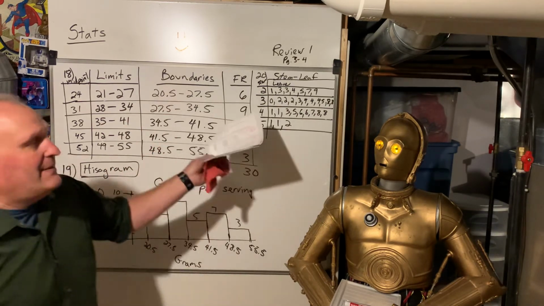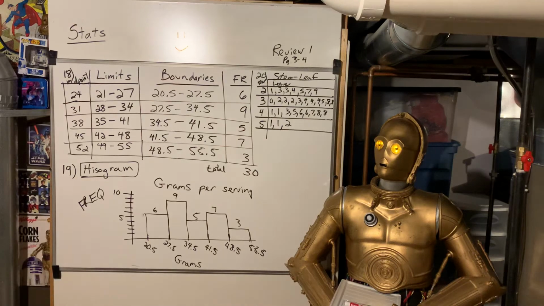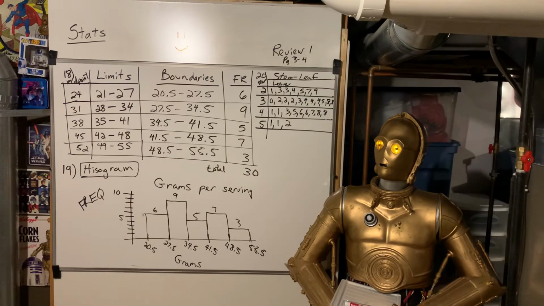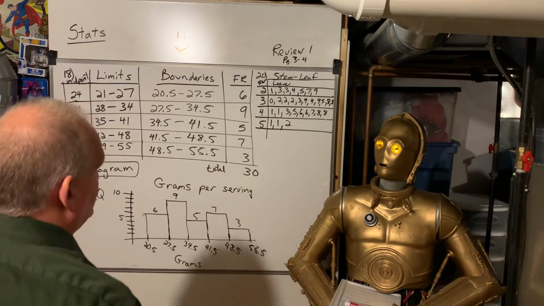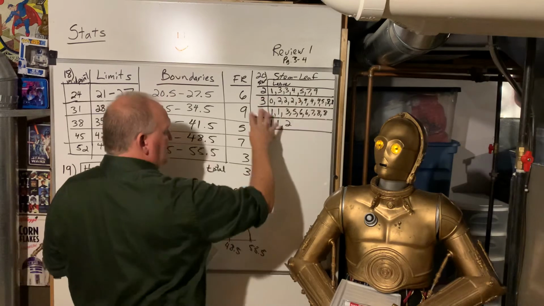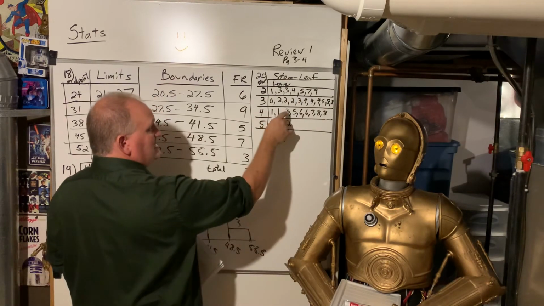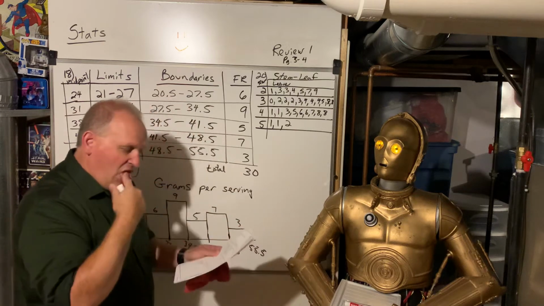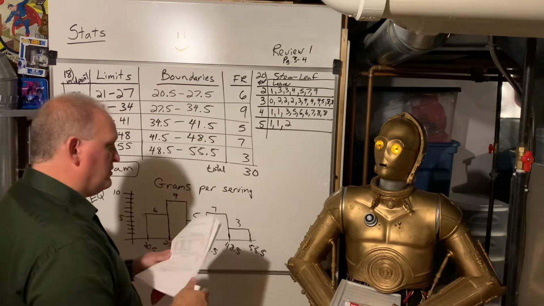The good thing about stem and leaf is you get kind of a picture of what the data looks like as a bar chart. And you also have the actual raw data there. So it's nice to organize the data in this fashion. I'll show you when we do the 5-number summary. I'll leave that up on the board for that.